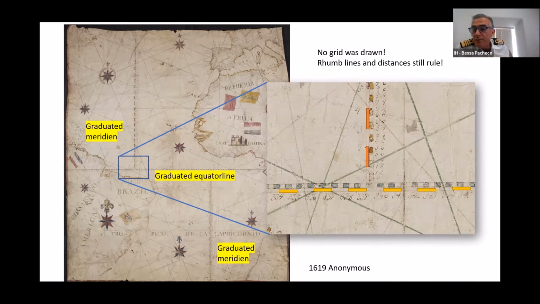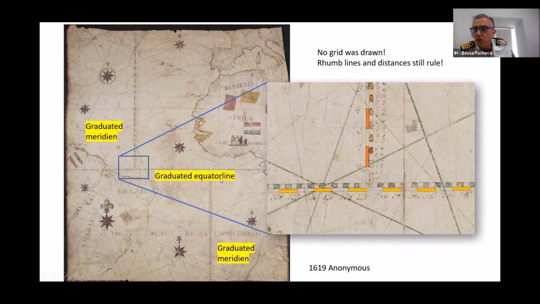But the cartographers really didn't impose a square grid over there. They couldn't. And if you look at the map, actually, it's all based still on rhumb lines and distances. So the basis of the map is still the traditional latitude chart.